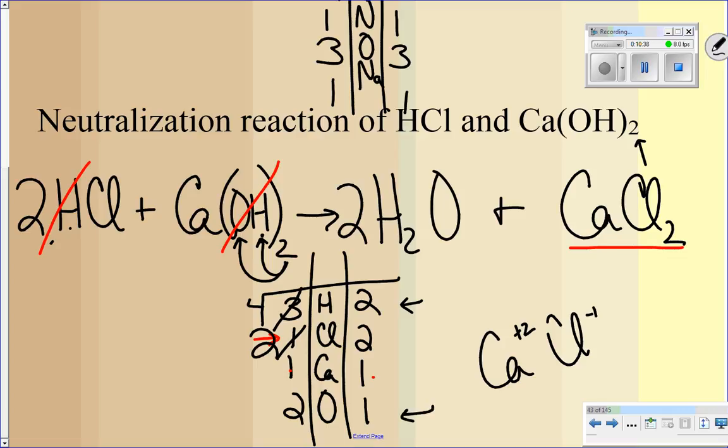Easily fixed by putting a 2 in front of water. That'll turn hydrogen to 4, that'll turn oxygen to 2, and it didn't affect calcium or chlorine. 4 and 4, 2 and 2, 1 and 1, 2 and 2. These guys are all balanced. Because I have a little 2 with my base right here, it took twice as much acid to neutralize that out. These are the typical types of reactions that you'll be doing.